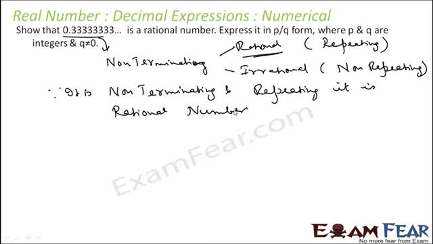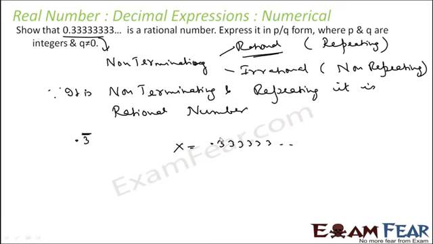If you want to write it in the form of p by q, you can write this as 0.3 with a bar. This bar denotes that 3 is repeating. So to find the p by q form, I can say that x is nothing but 0.3333, and the list continues.